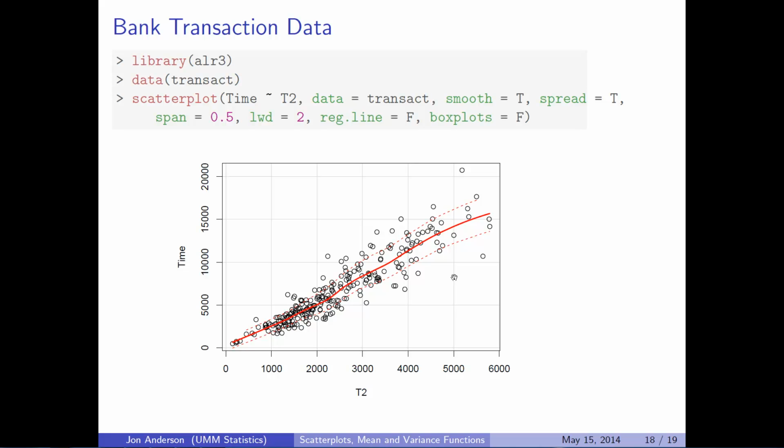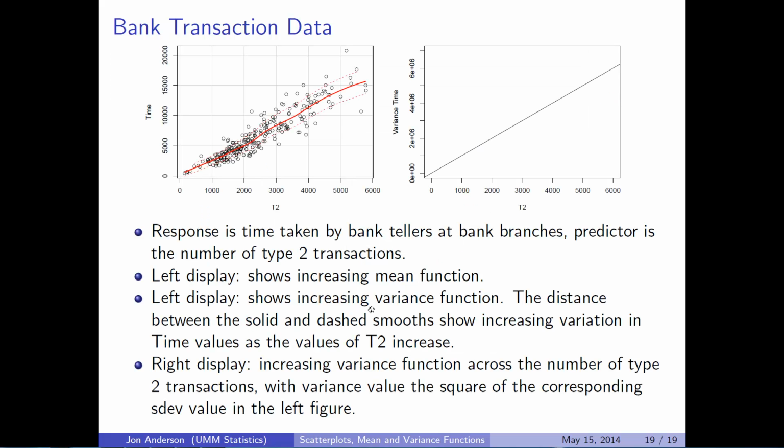It's more variable for very active, busy branches than it is for smaller branches that have fewer transactions. So bank branches that have fewer transactions down here tend to have less teller time variation than very big, busy branches. And that's a sign of a non-constant or increasing variance function.